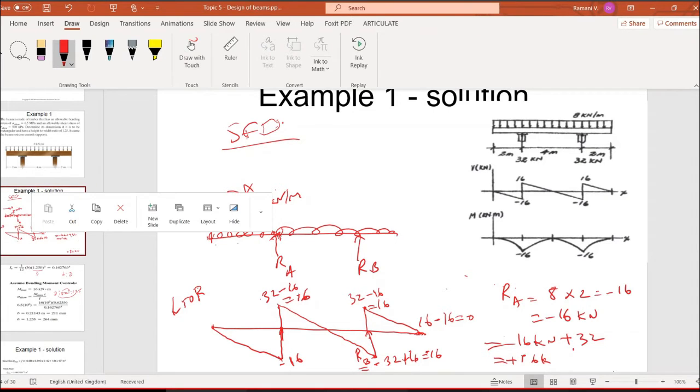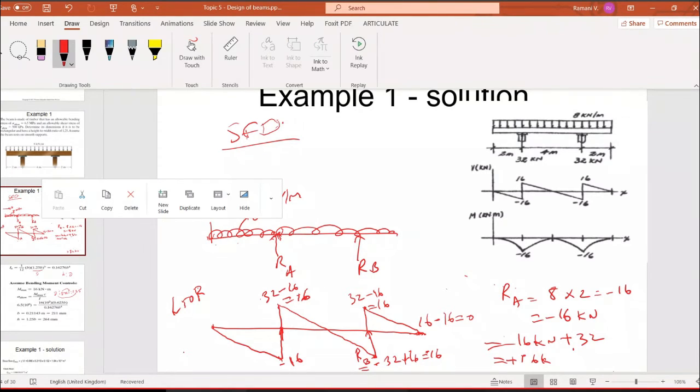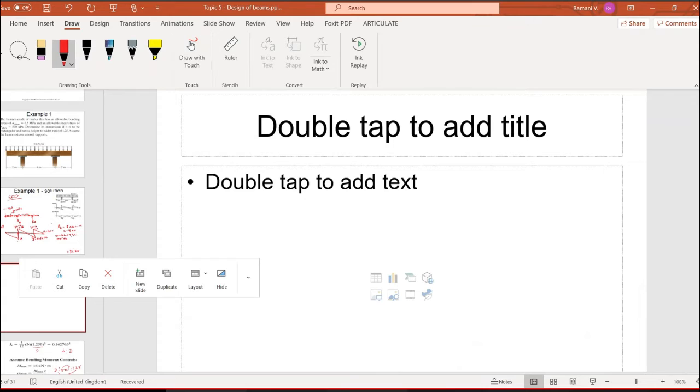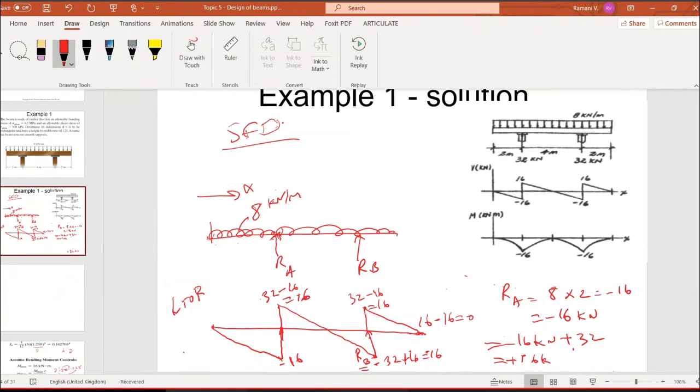Bending moment also you can calculate and see. Cannot insert slide, huh? New slide. Okay, clear. Same diagram you take it, copy.